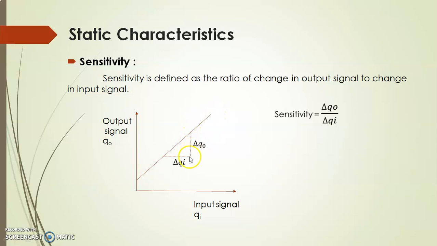You will take the slope of that characteristic. This is delta Qo and this is delta Qi. The ratio of change in output signal to the change in input signal is nothing but the sensitivity of that instrument.